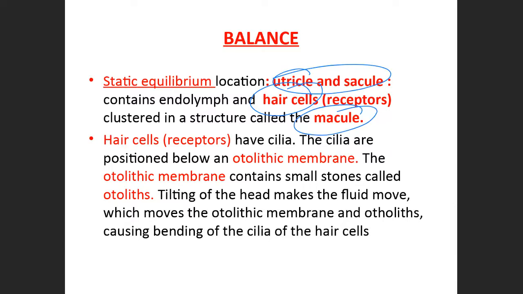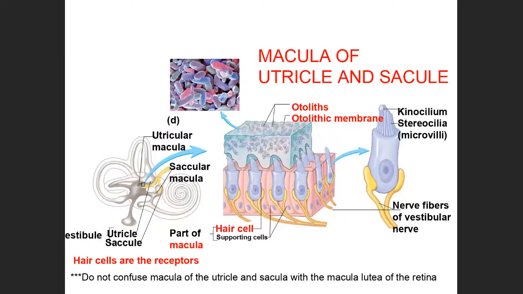And the way this works is actually pretty cool. There's a slab of jelly-like material filled with little calcium rocks, and it is positioned on top of the cilia of the hair cells.